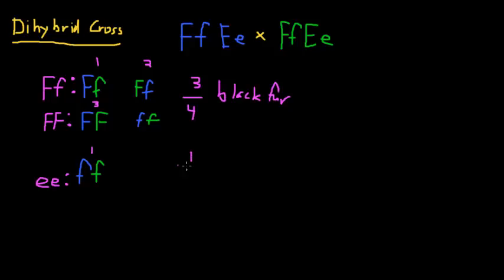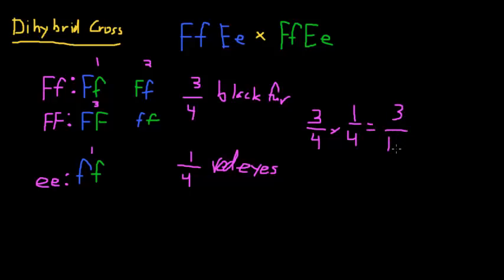There's 1 out of 4 possible outcomes, 1 possible wanted outcome over 4 total possible outcomes for red eyes. These are 2 independent events, so the probability of both of them happening, we learned in the first video, is just the product of the 2 events. Which is 3/16.